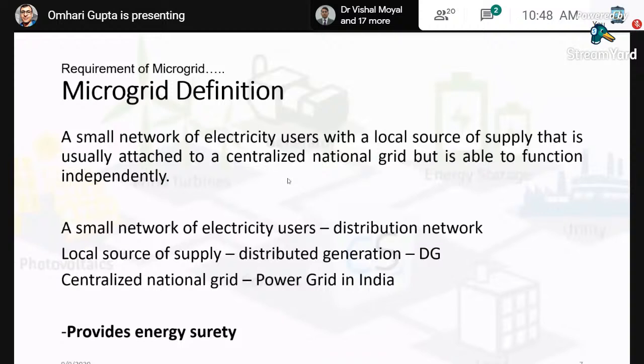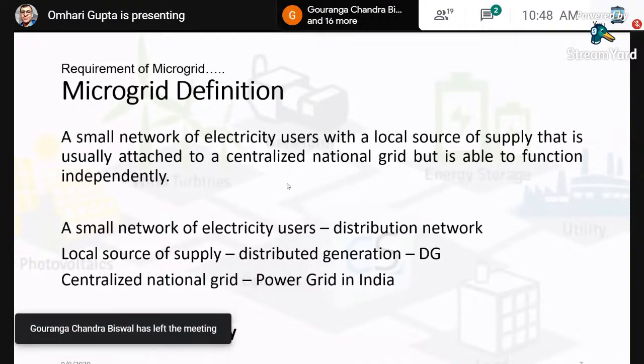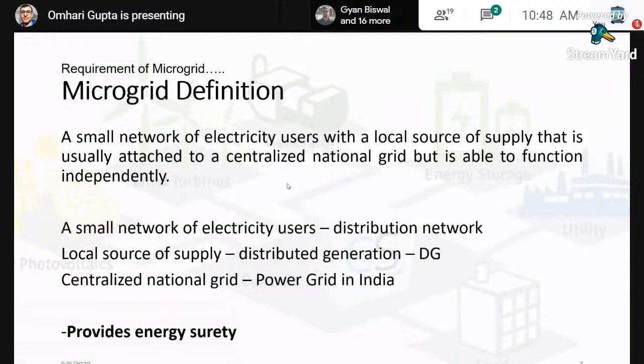What is the definition of microgrid? A small network of electricity users with a local source of supply that is usually attached to a centralized national grid, but should be able to function independently whenever it is required to operate independently. It should be able to do so.